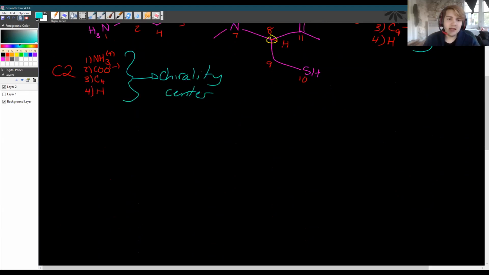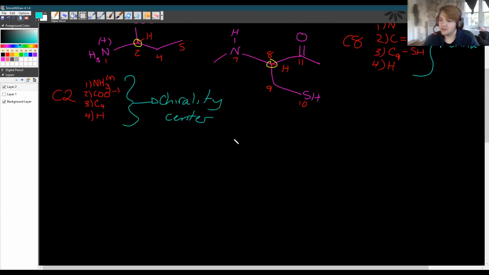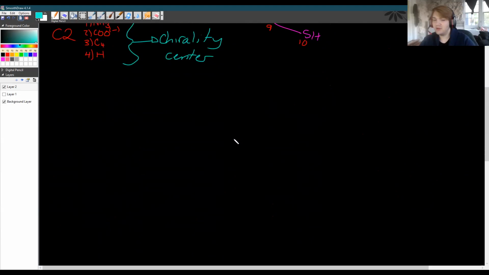Cool. Now that we've gone over how to find chirality again, we need to be able to describe what's going on, which is where we get into the Cahn-Ingold-Prelog system. Okay? CIP. What the Cahn-Ingold-Prelog system does is it allows us to describe the 3D nature of drugs, or molecules, I should say.